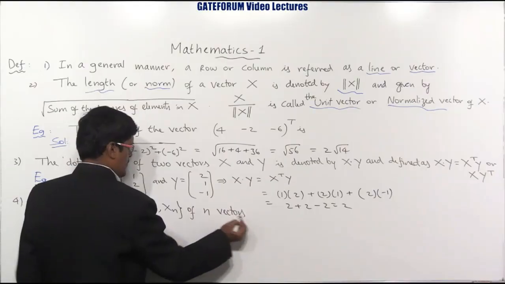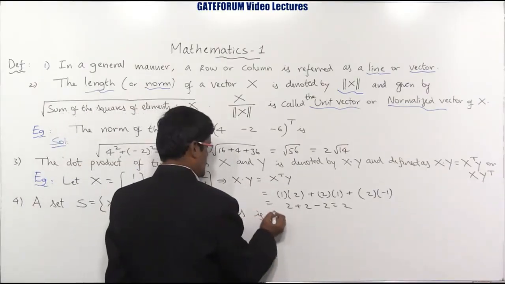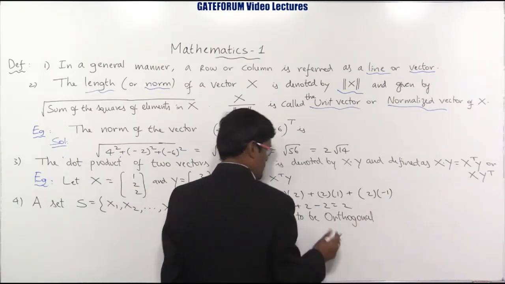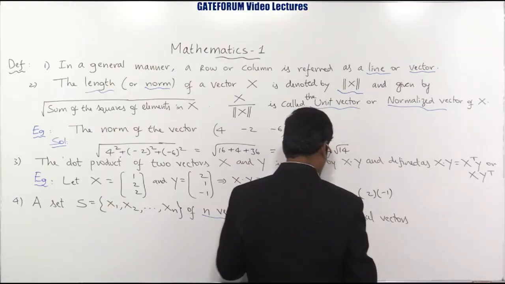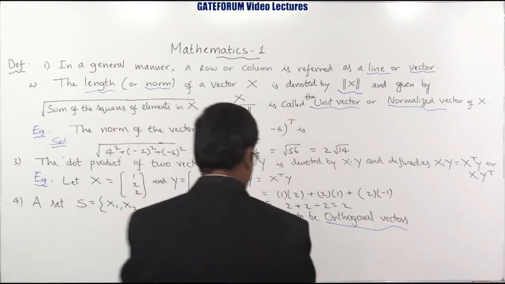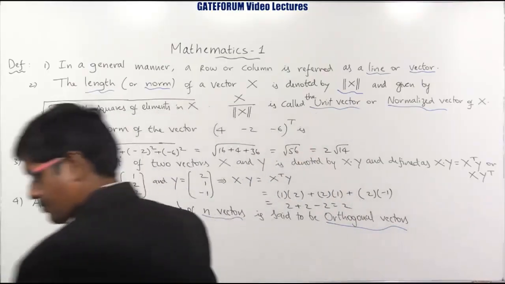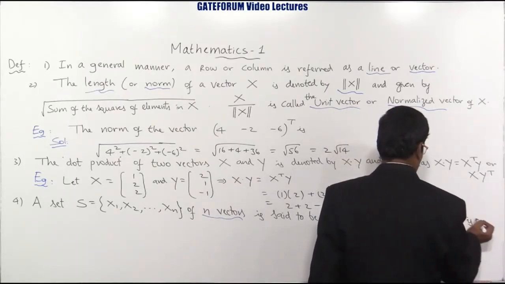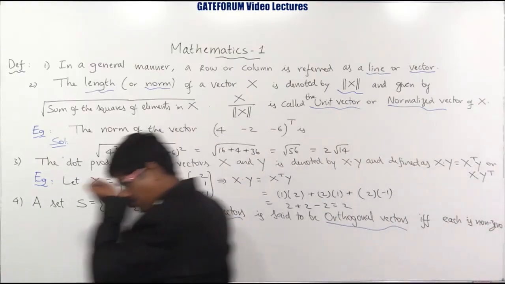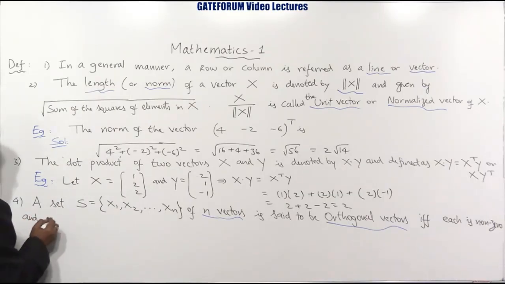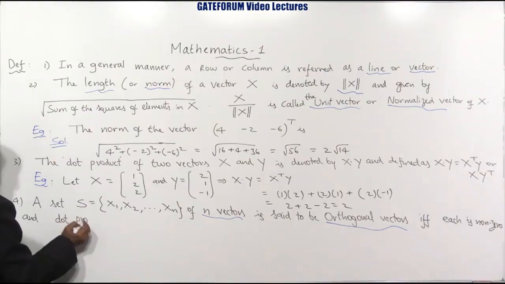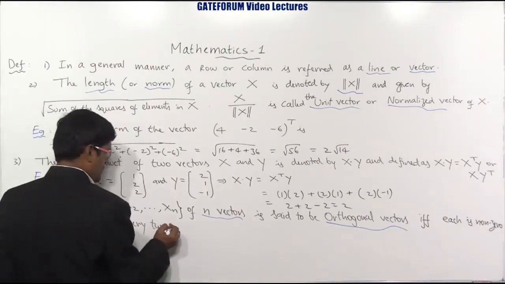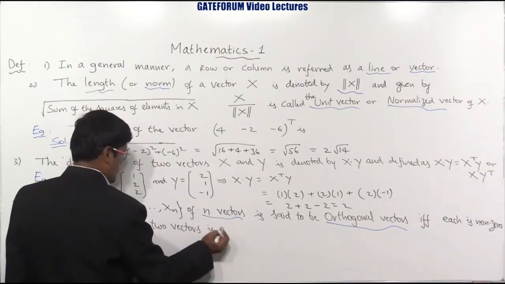A set of n vectors is said to be orthogonal vectors or an orthogonal set if and only if, IFF means if and only if, each vector is non-zero and the dot product of every two vectors is 0.